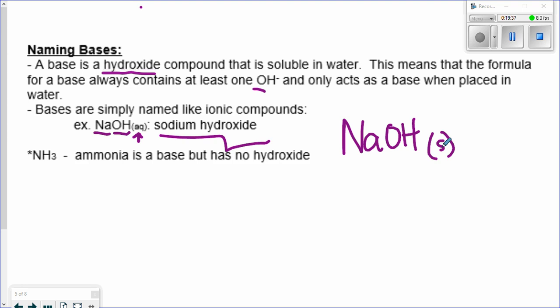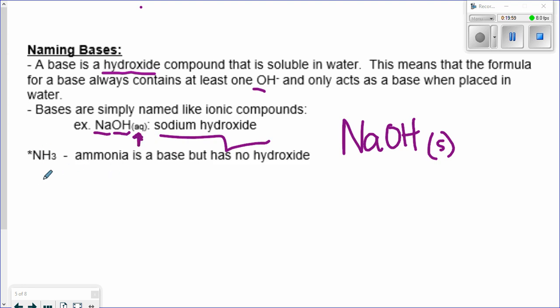I could show you if we were at school. They're bigger than sugar, kind of pebble-sized pellets that they send to us for creating this base. So it's a solid at room temperature, but aqueous is talking about dissolved in water.